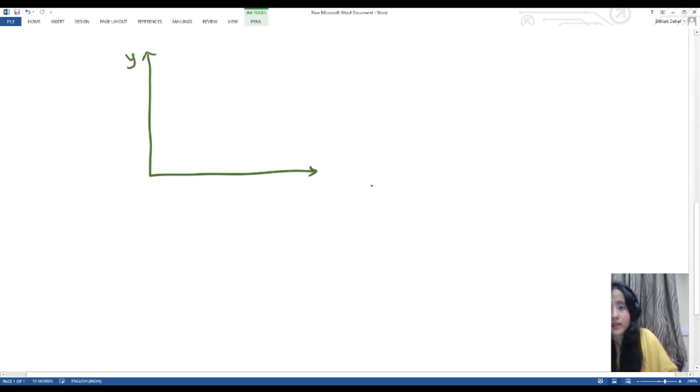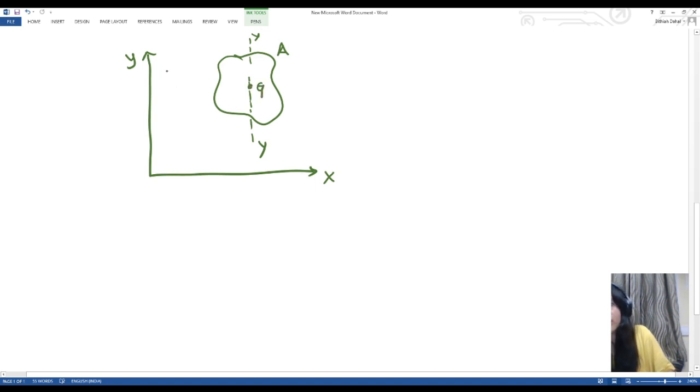Y plane here, and this is the X plane here, and again there is one irregular section of area A, and this time its centroidal axis is running via the YY axis, and let this be the centroid G. Now let there be any plane whose axis is running parallel with this YY axis, and let us name this axis the AB axis.